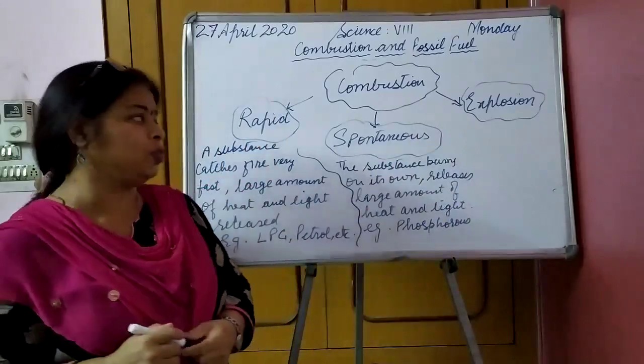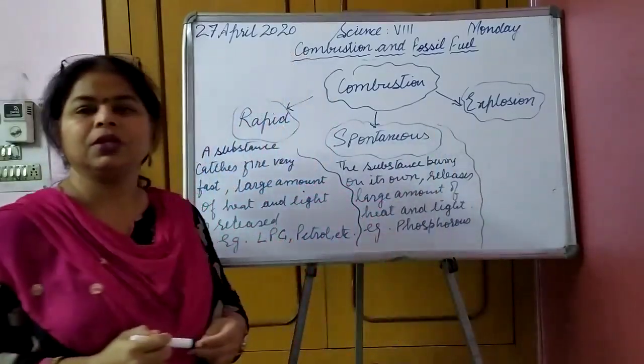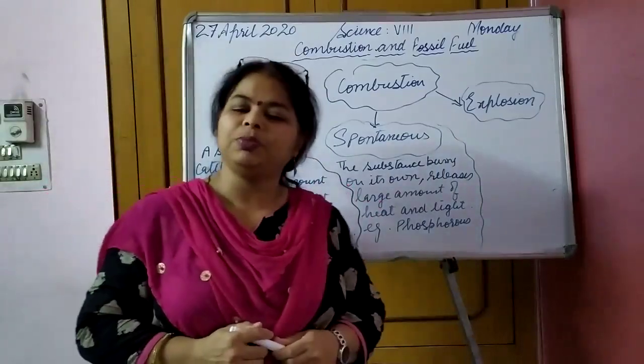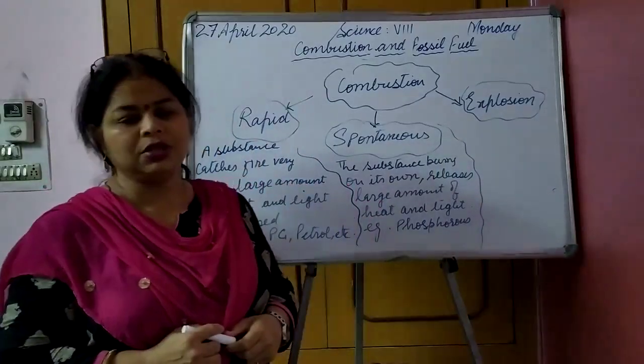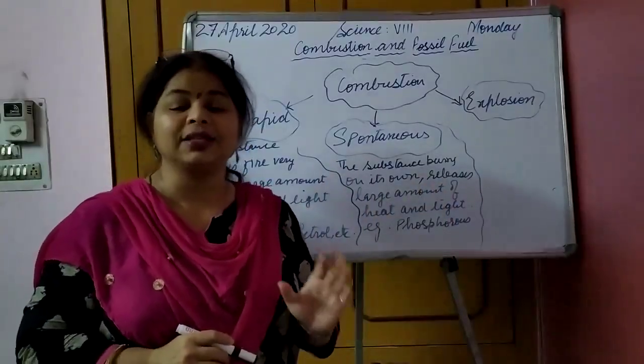The third one is explosion. The word itself is giving you a hint. Explosion. What does explosion mean? When the combustion produces a large amount of heat, sound and gas.